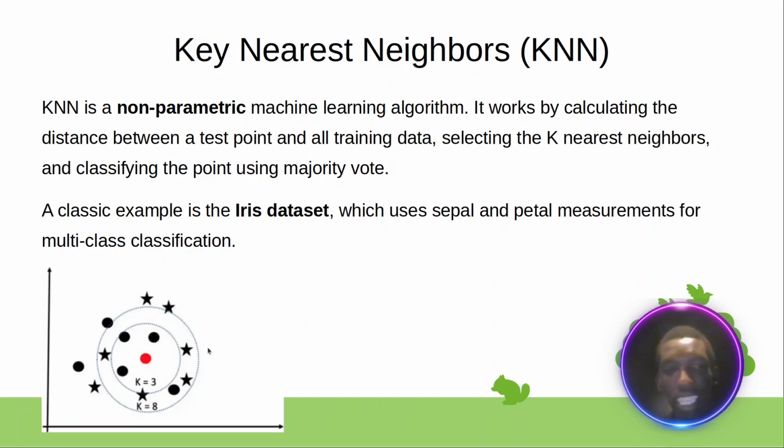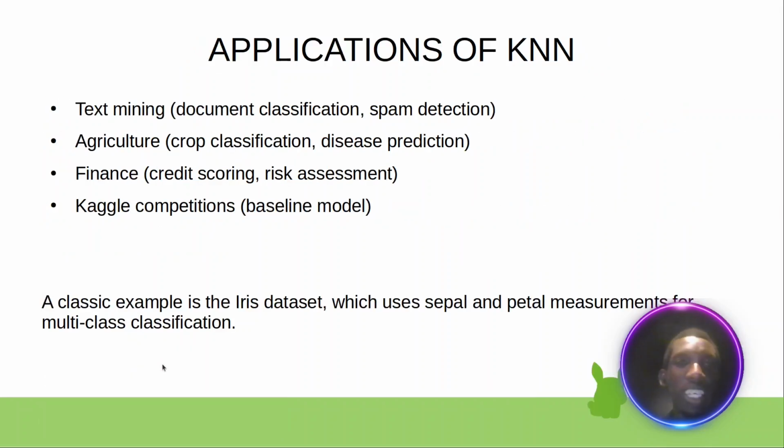You would find that the number of stars probably might exceed the number of circles. That means now we guess it to be a star, for example. So if we had a k that took in all of this, this would probably be a star because most of the nearest neighbors are stars. Next, we talk about some applications of KNN.